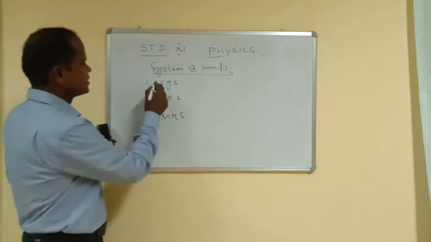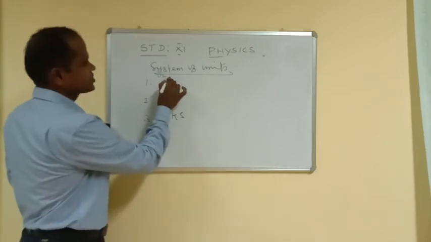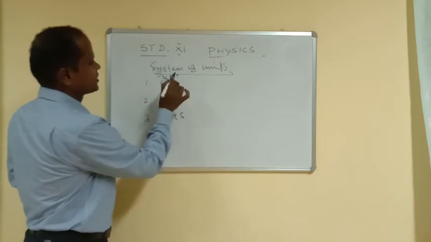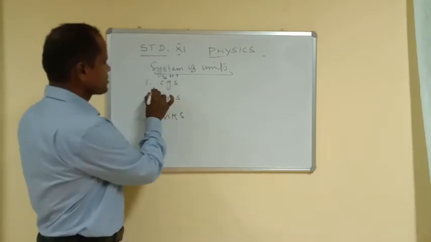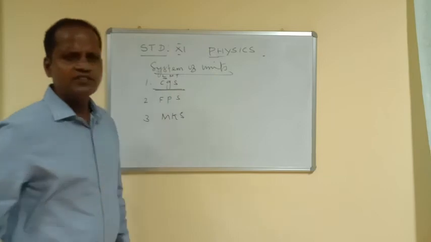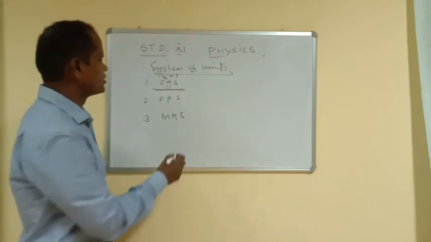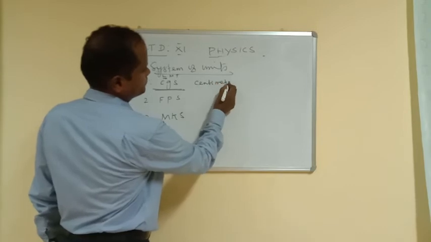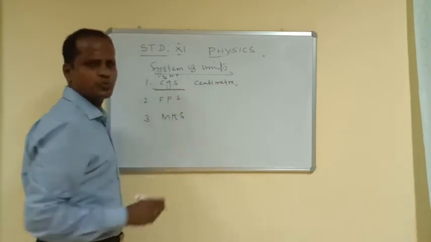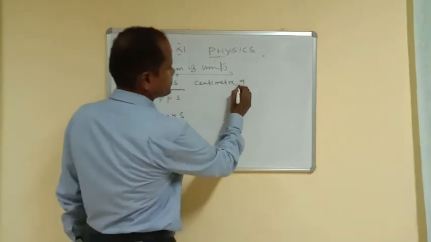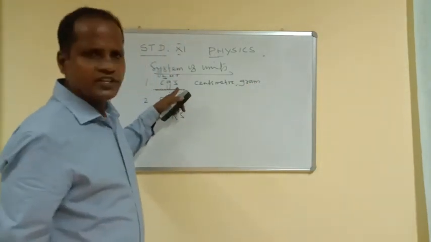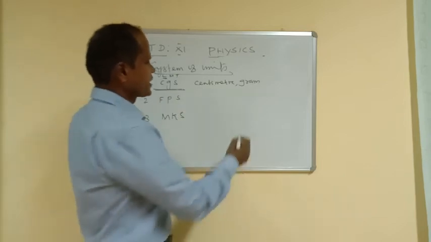In the CGS system of units, the length is measured in centimeter, the mass is measured in gram, and time is measured in second.